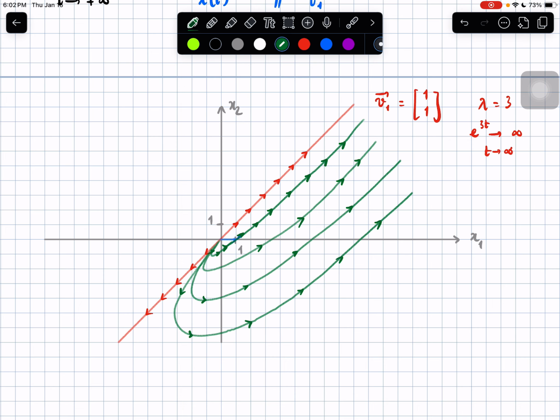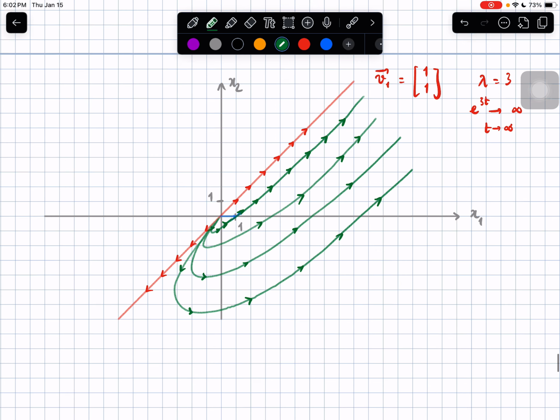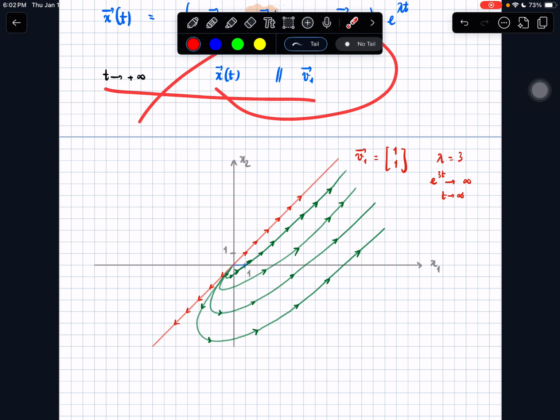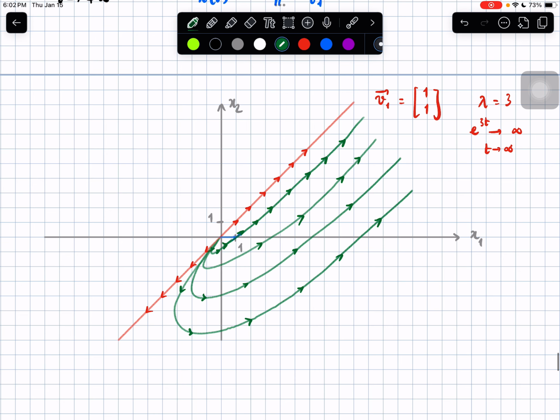The other side is similar. So we know that when t is big, it is parallel to the red one. And as t goes to plus infinity, it is parallel to the red one. Now it would be this side, parallel to the red one.